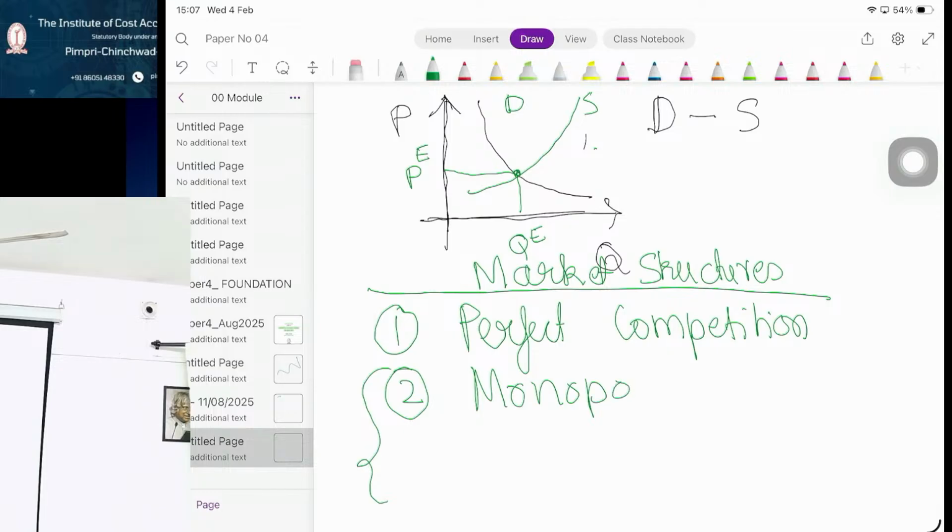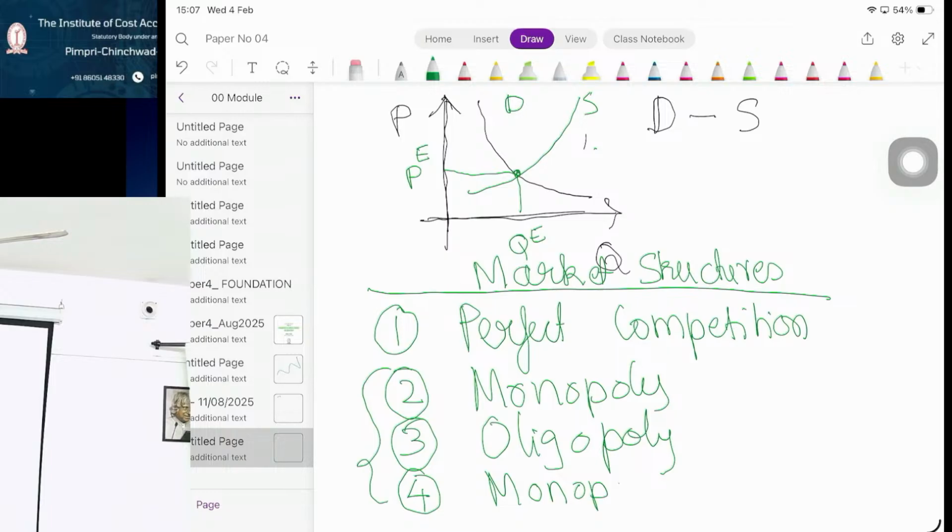Oligopoly, and fourth is monopolistic competition. Correct. Duopoly is two sellers, it is a type of oligopoly. So we have to do this in a little bit of detail.